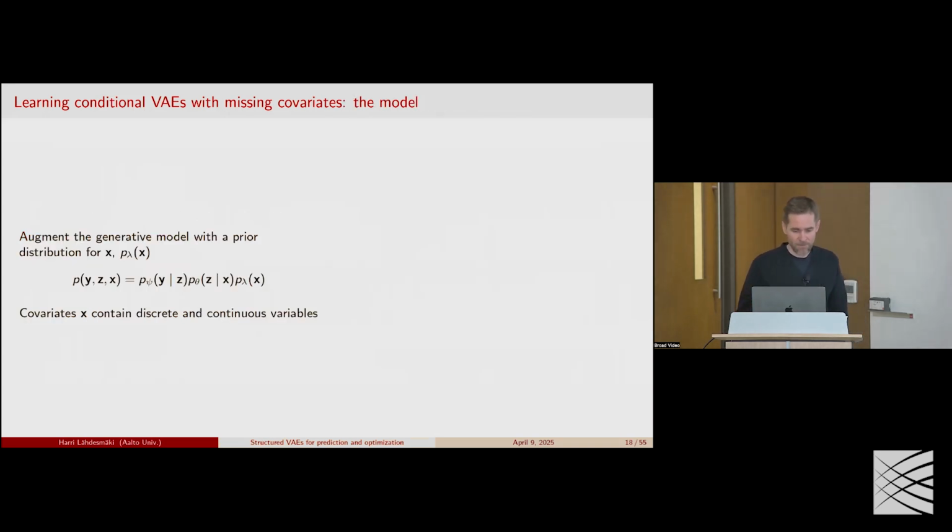And we do that by augmenting the generative model with the prior for the covariates as well, such that the joint distribution for the data, latents, and covariates factorizes accordingly. And then I just note that in this case, the covariates contain both discrete and continuous variables. So it's not quite exactly the same as the typical VAE setting where everything is continuous in the latents.